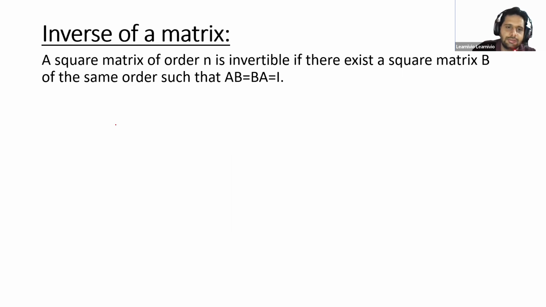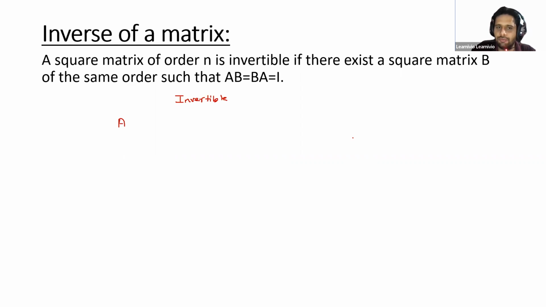We will understand this. Suppose A is a square matrix. First of all, we will see what is meant by invertible. Always remember, if the inverse of a matrix exists, then we will say that this matrix is invertible. I will again repeat this. We will say a matrix is invertible if its inverse exists.